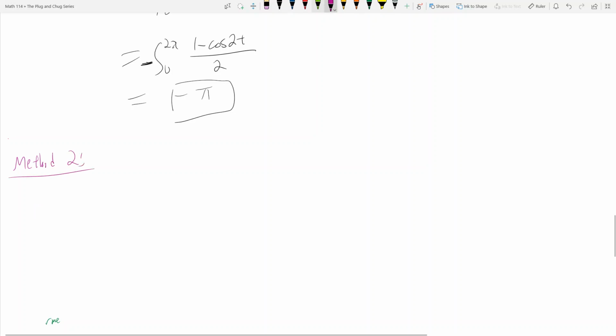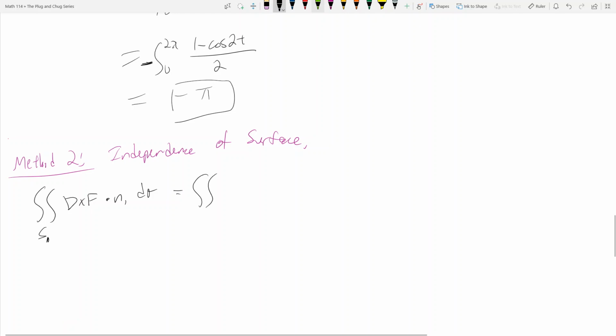Method 2, it's independence of surface. And the idea is this. If I have a double integral of curl F dotted with n, let's say n1, d sigma, over one surface, S1, all right?